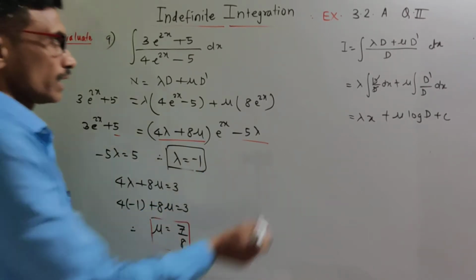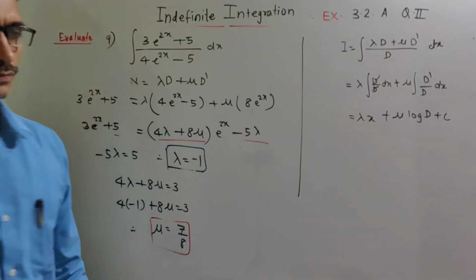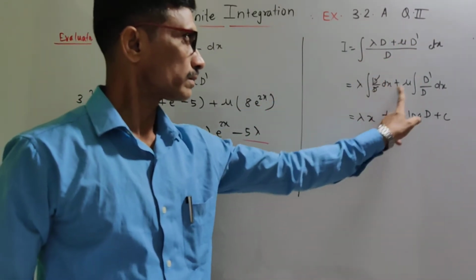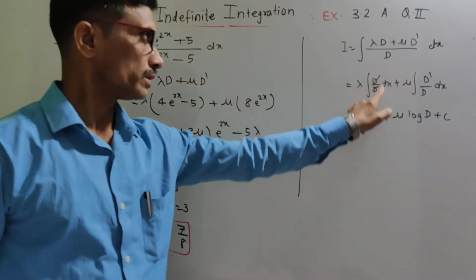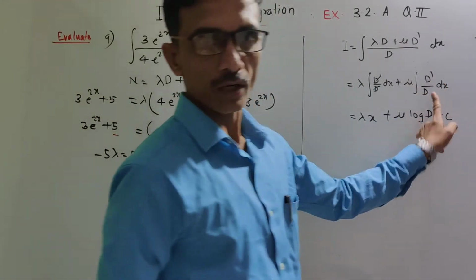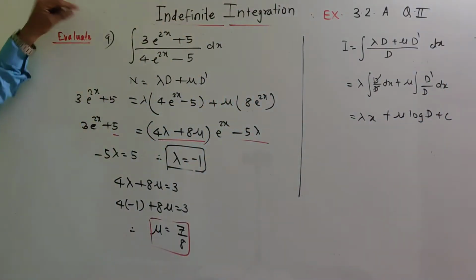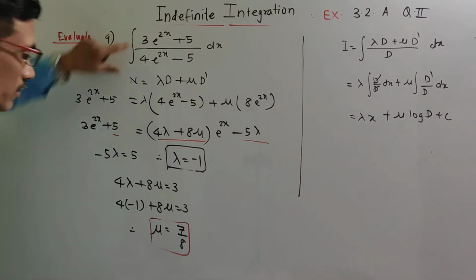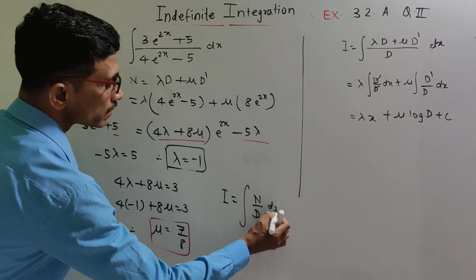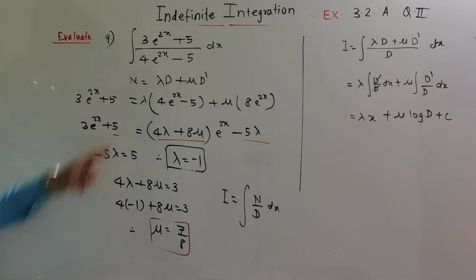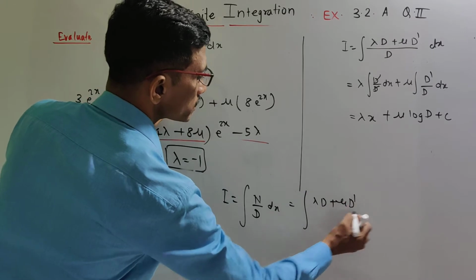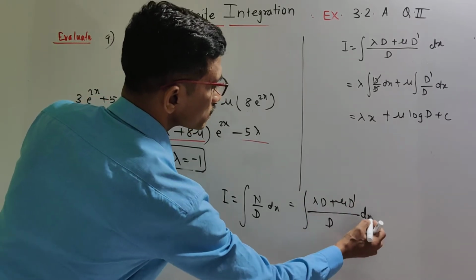This is lambda. Then we have integral I is equal to (lambda D plus mu D dash) upon D. Separate it: lambda D upon D, mu D dash upon D. So D is getting cancelled. Lambda x plus mu log of D, because f dash of x upon f of x integral is log f of x. So I is equal to numerator upon denominator, where numerator is lambda D plus mu D dash and denominator is D, dx.